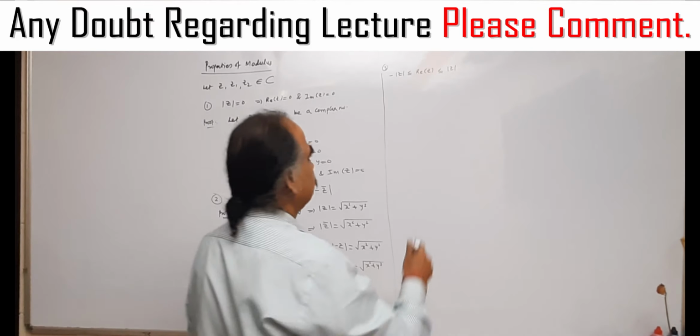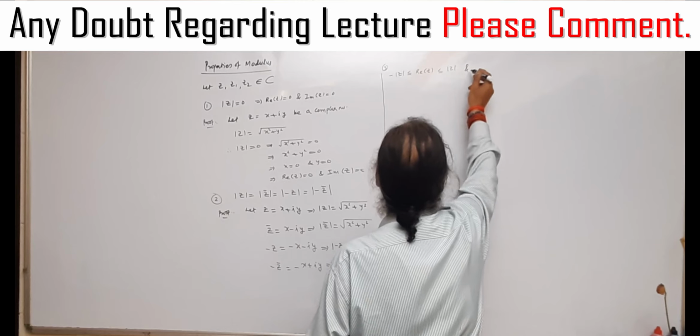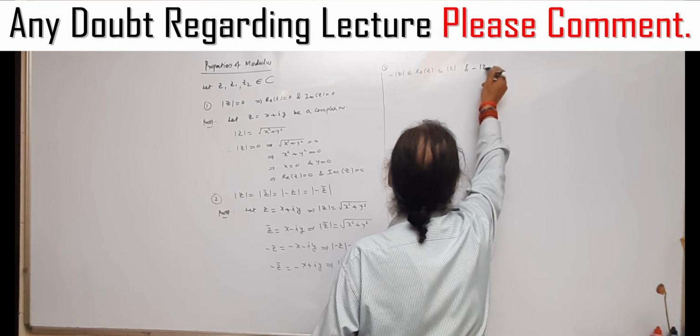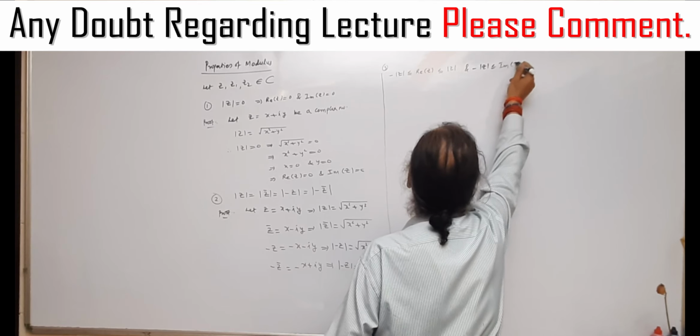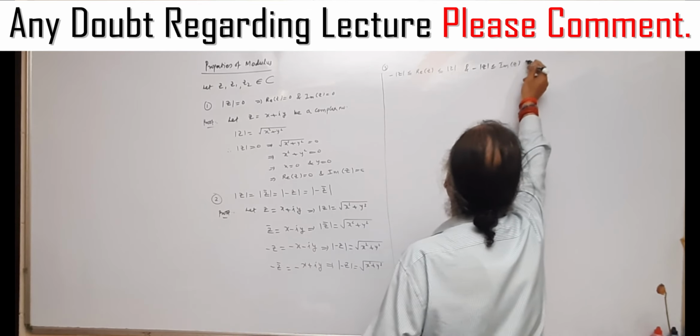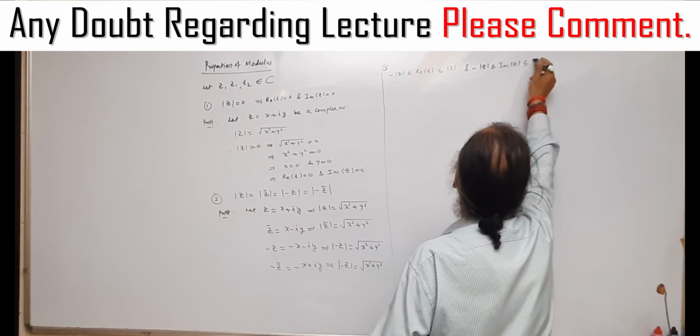And same way, minus mod z is less than or equal to imaginary part of z, which is less than or equal to mod z.